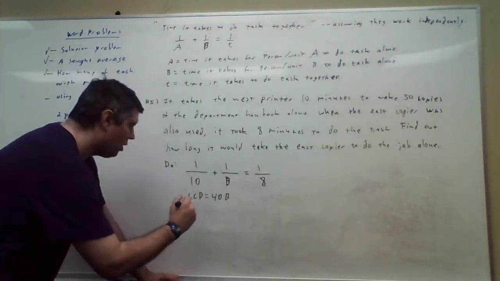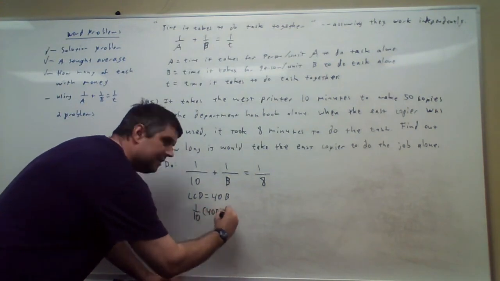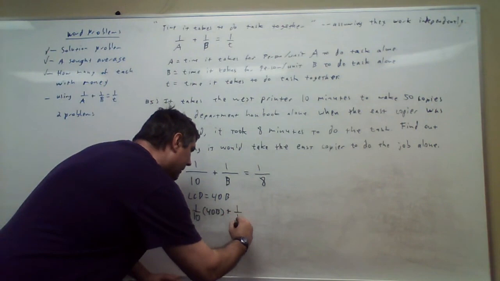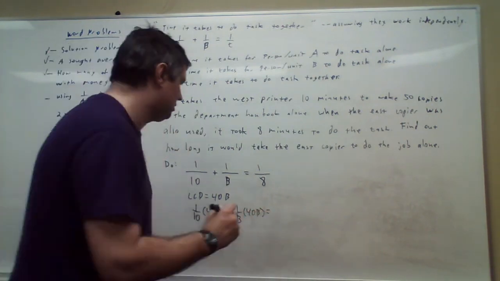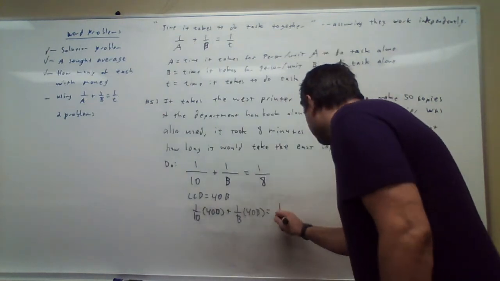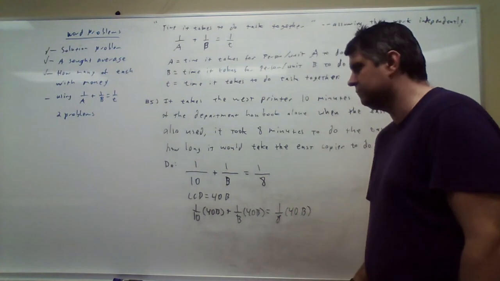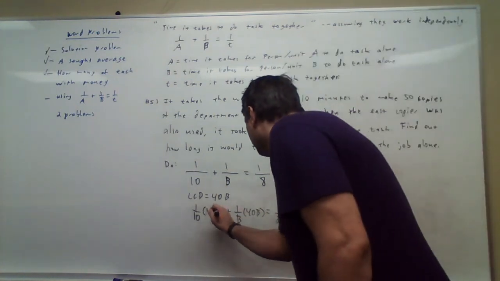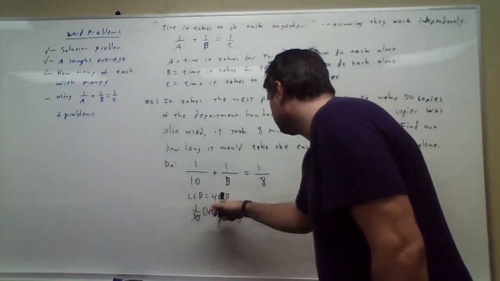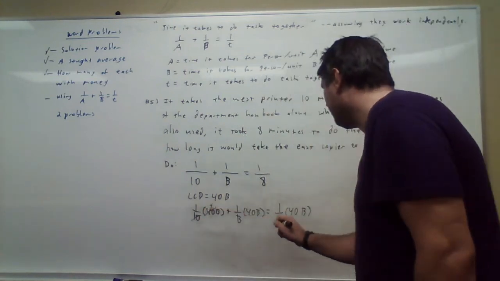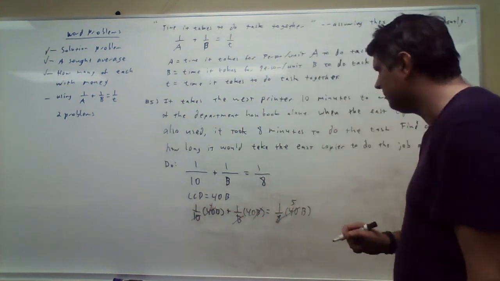I'm going to take 1/10 times 40B plus 1 over B times 40B equals 1 over 8 times 40B. Now, 40 divided by 10 is 4. Here the B's will cancel, and 40 divided by 8 is 5.